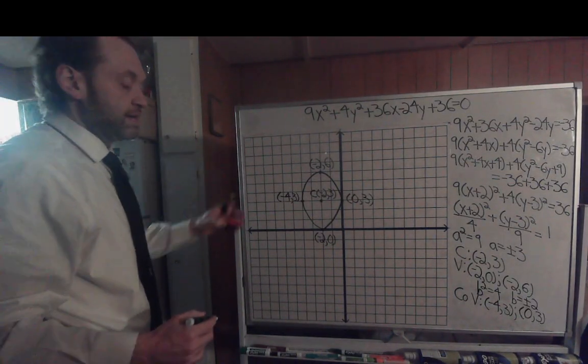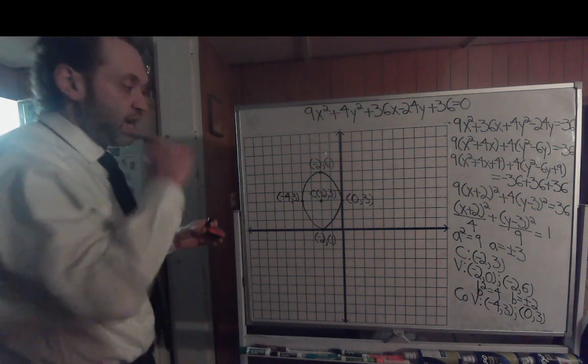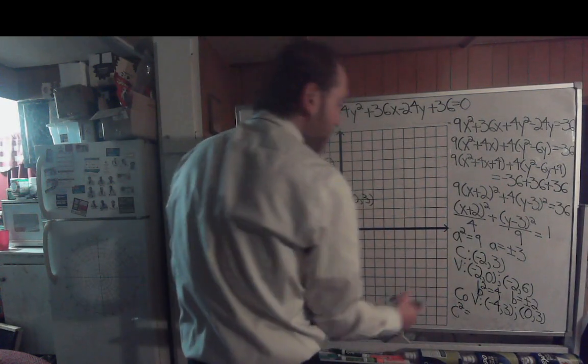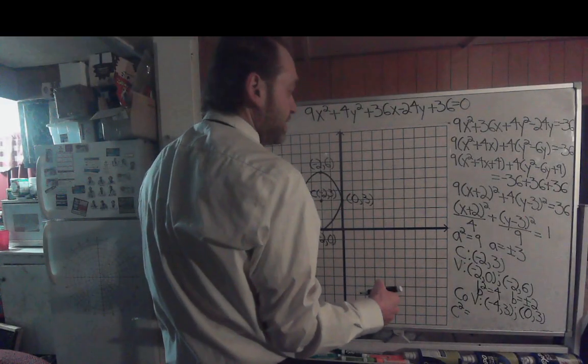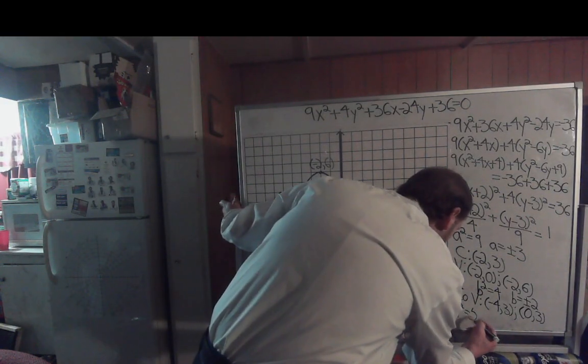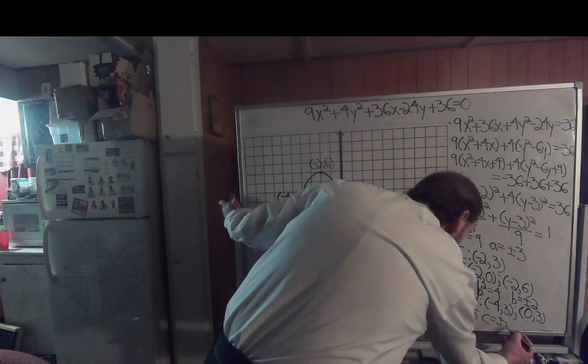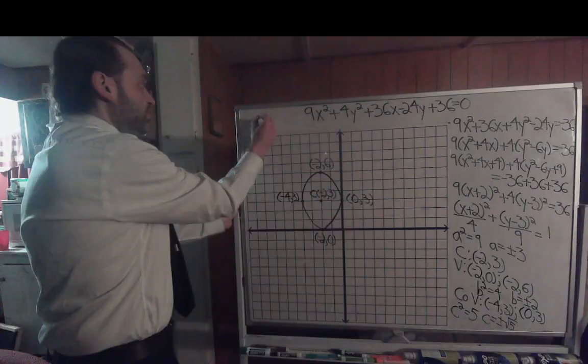Now let's find the foci. So c squared equals a squared minus b squared. Well, that would be 9 minus 4, which would equal 5. So c equals plus and minus the square root of 5. So my foci, I know I'm running out of room.